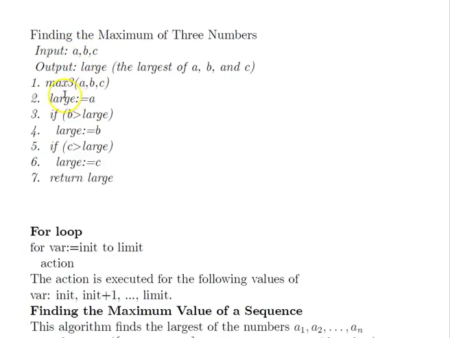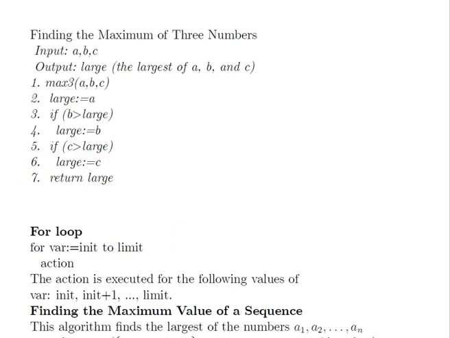In the beginning, in large we have the largest value of A, which is A of course. After the first if statement is executed, in large we have the largest of A and B, and after the second if statement is executed, in large we have the largest of the numbers A, B, C.